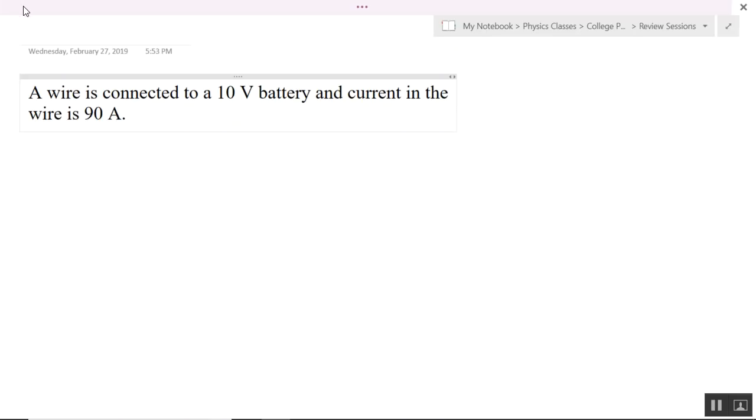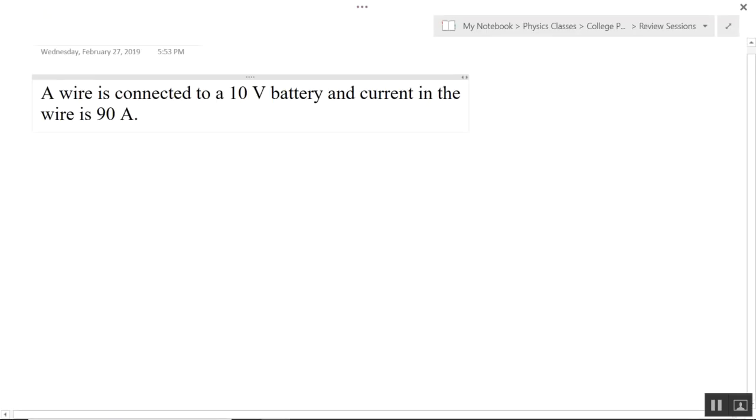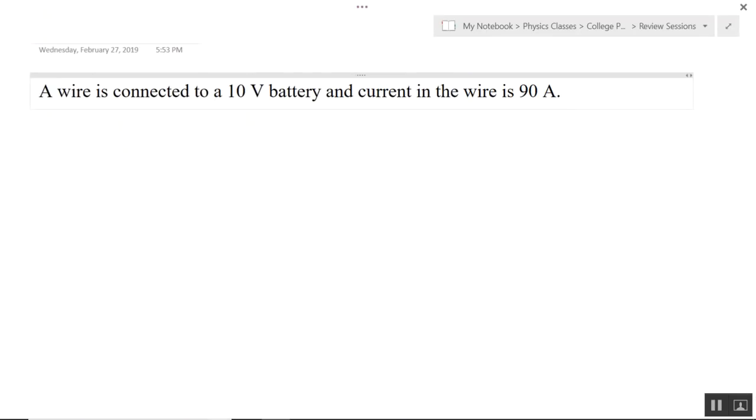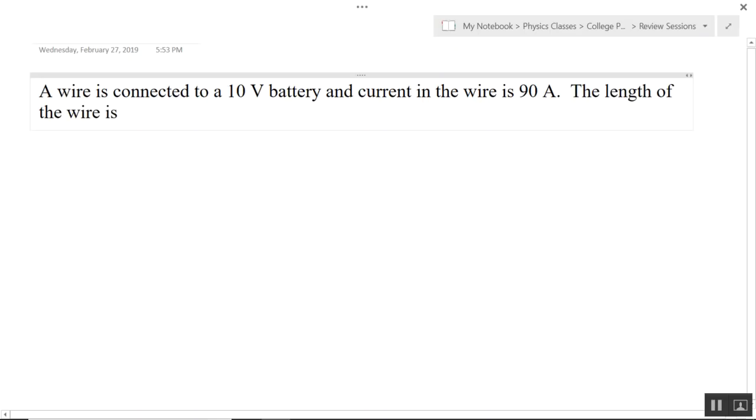Don't ask me why I thought of 90, but it's some math I can do in my head. Okay, so then the length of the wire is, it has to be pretty long to have a resistance you can't ignore. So the length of the wire is, I don't know, let's make it 20 kilometers.